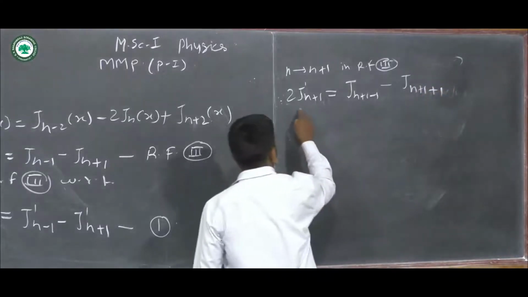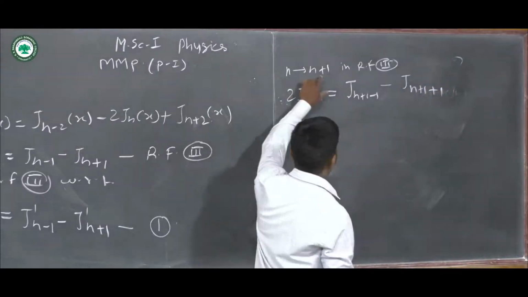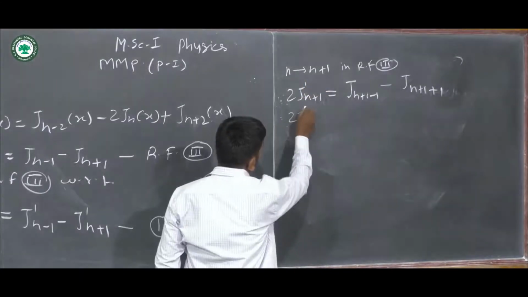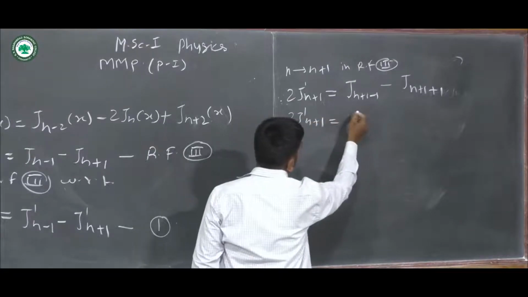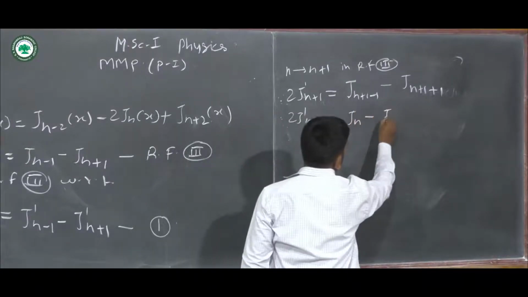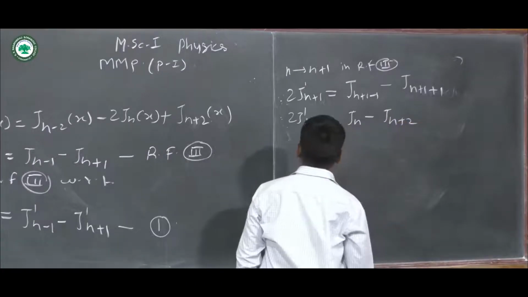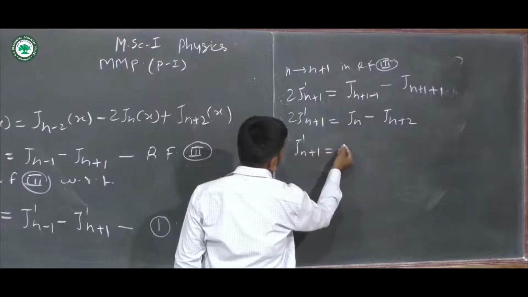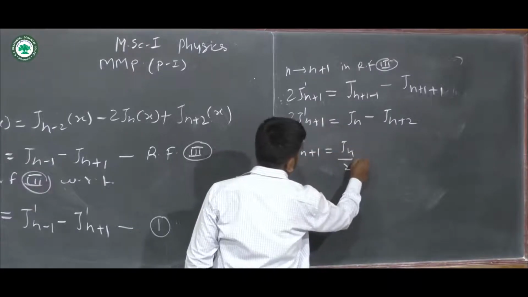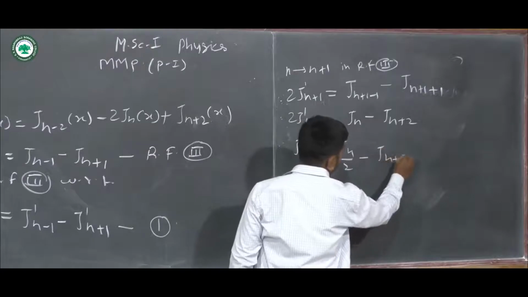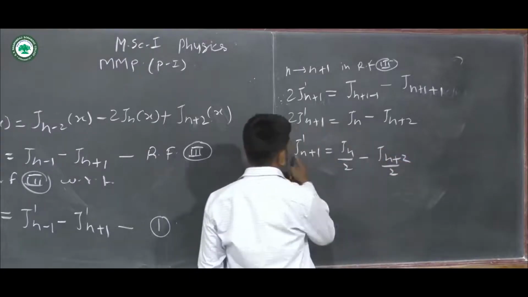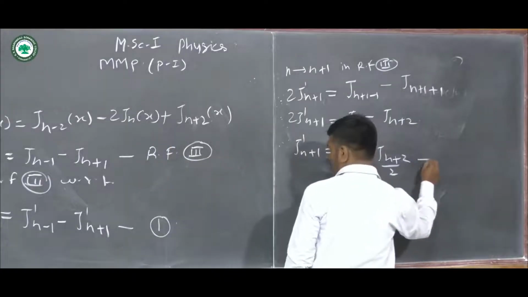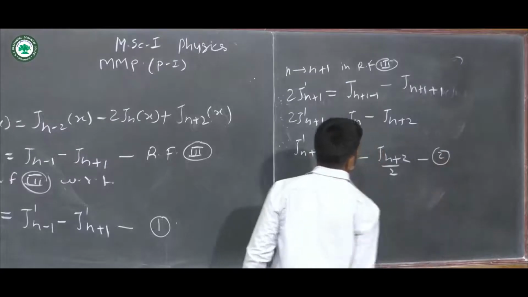Okay, from the recursion formula, n replaced with n+1, so 2J'(n+1) = Jn - J(n+2), and J'(n+1) = Jn/2 - J(n+2)/2. This is the expression for J'(n+1), and this is equation number second.